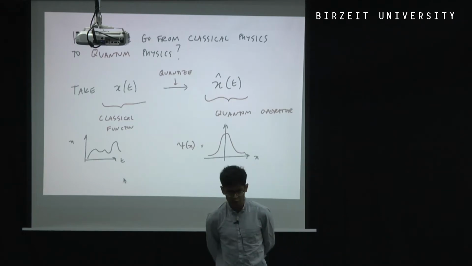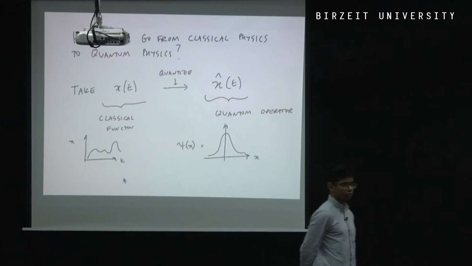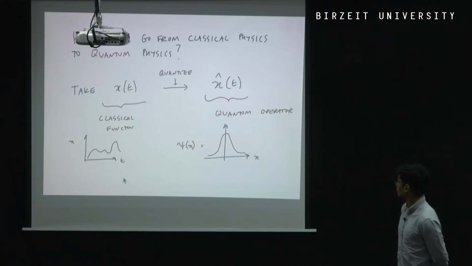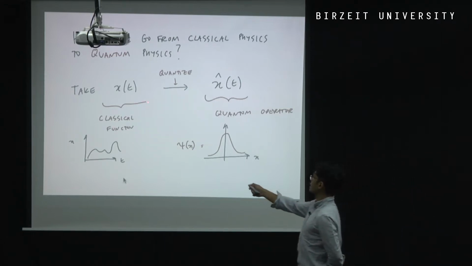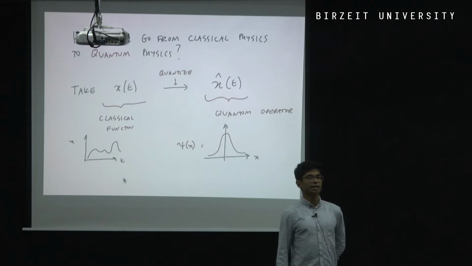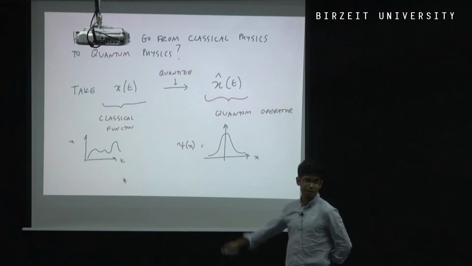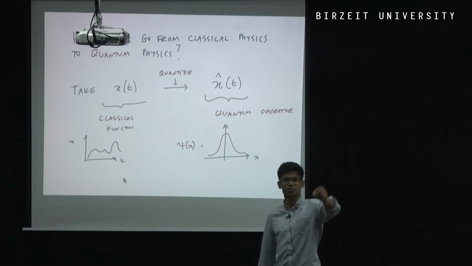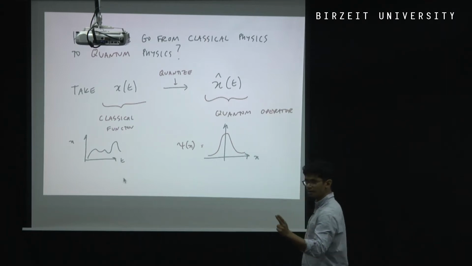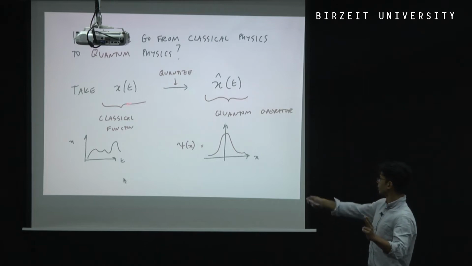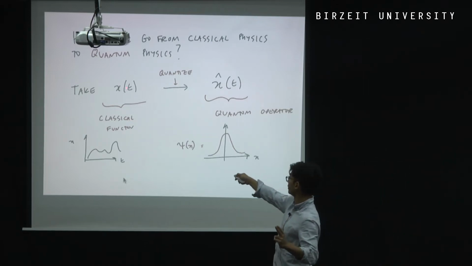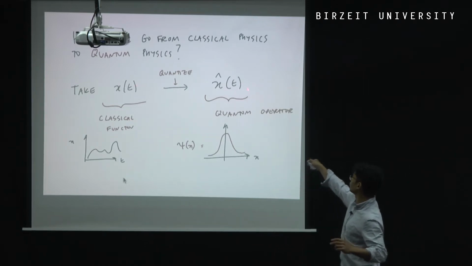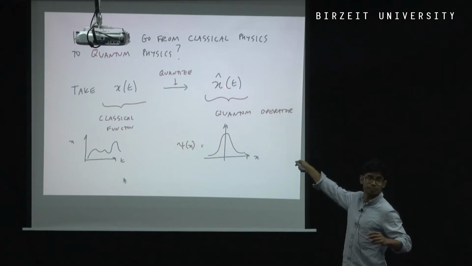So first, let me just remind you all, how do we go from classical to quantum physics? For example, say you again have that simple harmonic oscillator. It has a coordinate x of t. Let's think about the classical one first. And this x of t, the thing oscillates, it changes with time. To go to quantum physics, what you do is you take this classical degree of freedom and you make it into a quantum operator, okay?